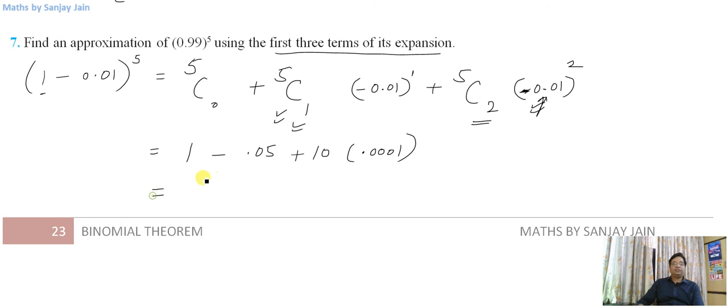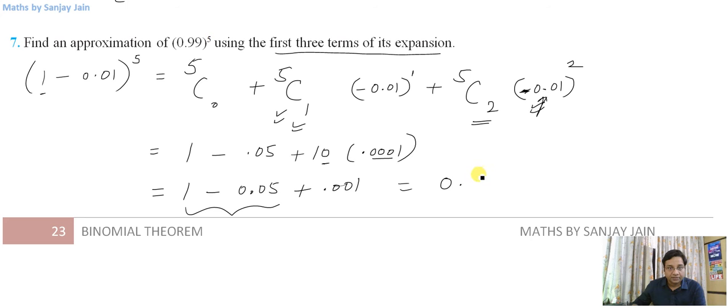Okay, this will be equal to 1 − 0.05, and this is plus, these were 4 decimal places, when I multiply it with 10, these will be 3 decimal places. So this should give you the final result. And what is it? This is 0.95, and I have to add this here, so it will be 0.951.